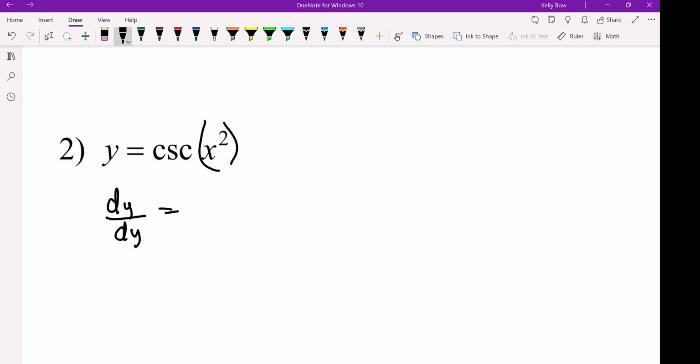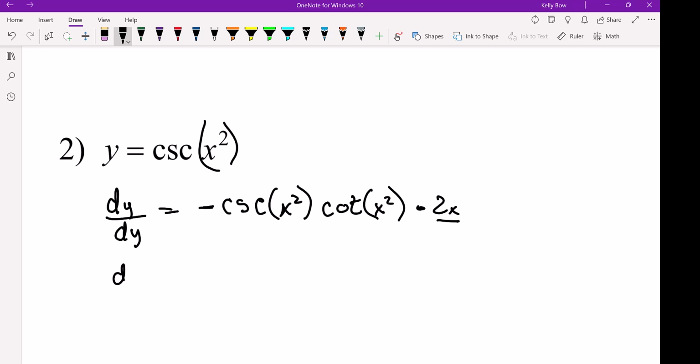All right, a cosecant one. Well, the derivative of cosecant is negative cosecant theta, cotangent theta. Then you have to multiply it by the derivative of the theta, then bring that in front.